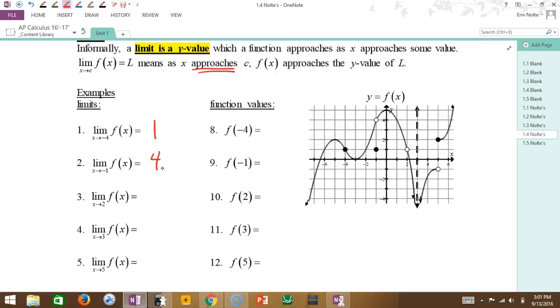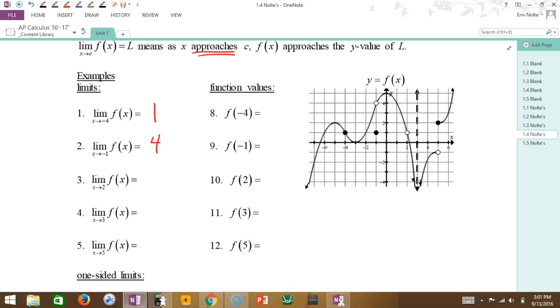At -1, from the left it's going up and going to this little hole right here, and from the right, it's going to the y value of 4. Good? Number 3. What is the limit as x approaches 2? 1. The y value right here where that hole is, approaching 1.